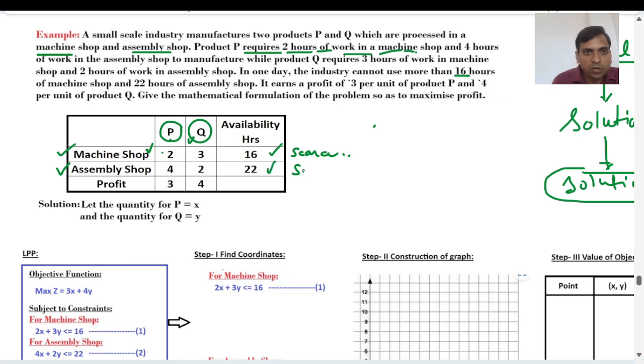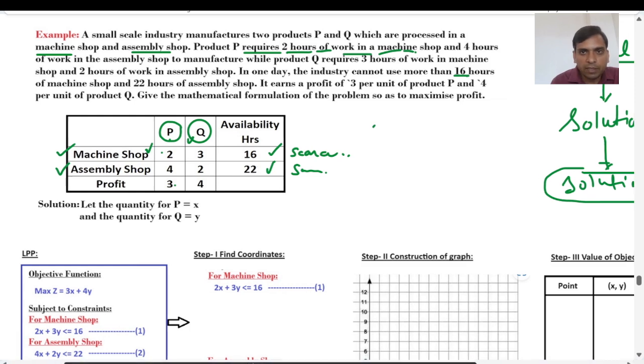This is again scarce resources. It earns a profit of 3 rupees per unit of product P. So this is the first product and profit for this product is 3 rupees per unit and 4 rupees per unit on second product Q. So give mathematical formulation. So first we will convert this into model.